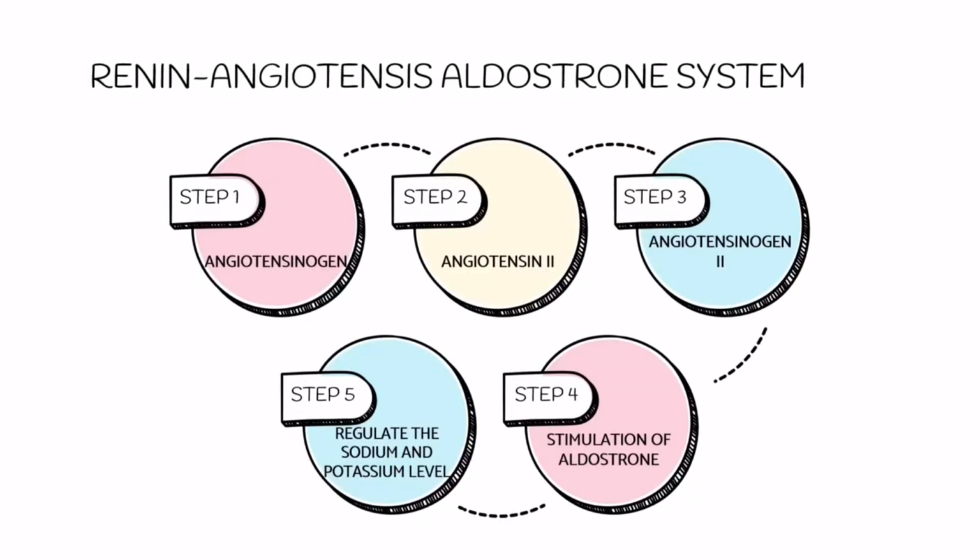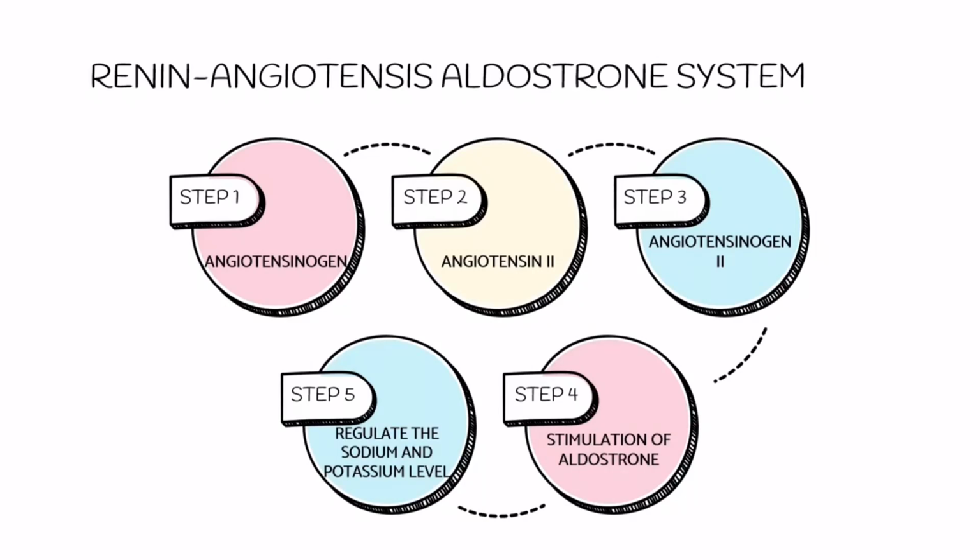Let's move to our next slide, renin, angiotensin, aldosterone system. Like what I've said before, the renin, angiotensin, aldosterone system is stimulated when there is production of the renin.